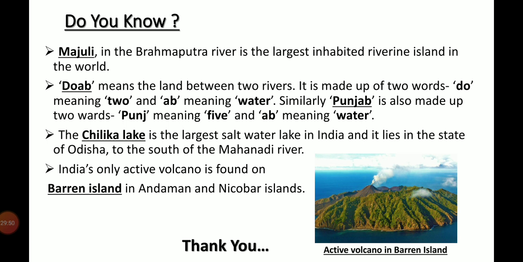It is made up of two words, do meaning two and ab meaning water. Similarly, Punjab is also made up of two words, Panj, Hindi for five, and ab meaning water. So Punjab is lying between the five rivers, Satluj, Chenab, Beas, Ravi and Jhelum.